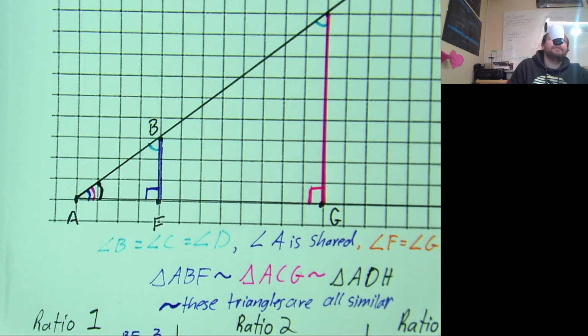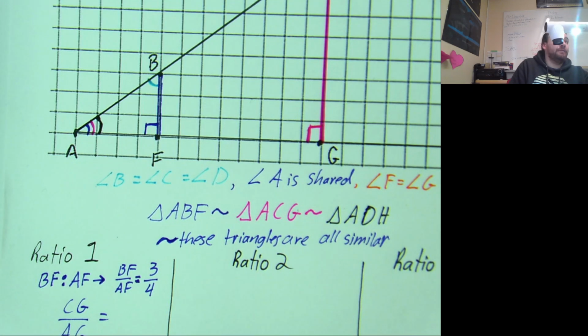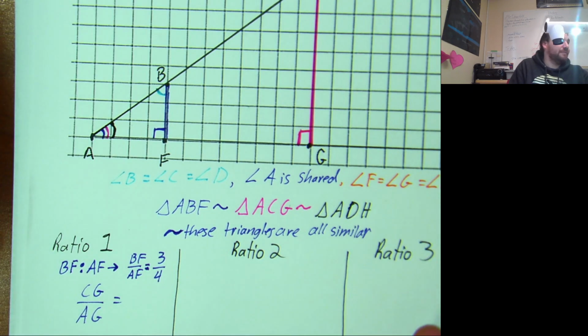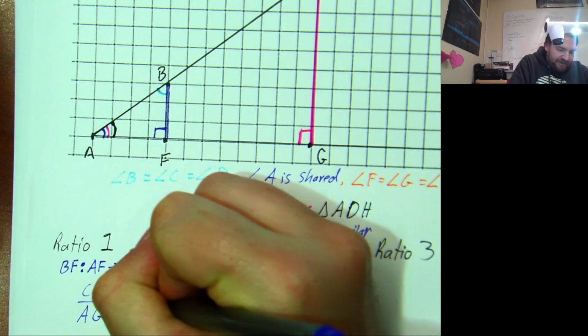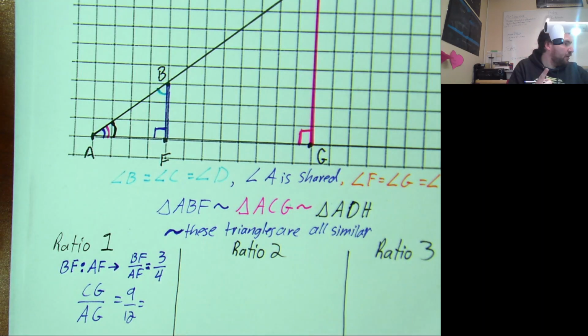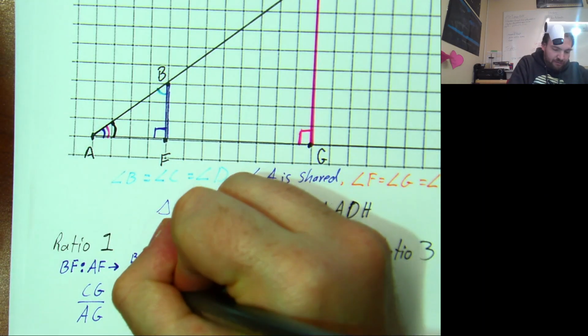Should we not write this in the ratio 2? No, this is also ratio 1, believe it or not. CG over AG, what are those values there for the side lengths? 9 over 12, which Rebecca just whispered reduces to 3 over 4.